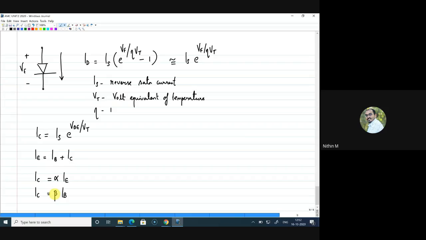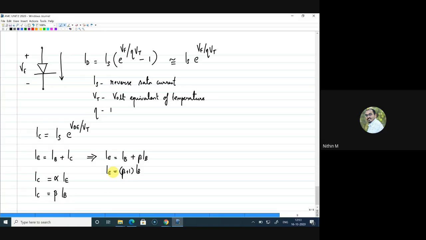With this, the IE expression can be written as IB plus IC, which is IB plus beta IB. So IE can also be written as beta plus 1 into IB. These are the various relations we use.